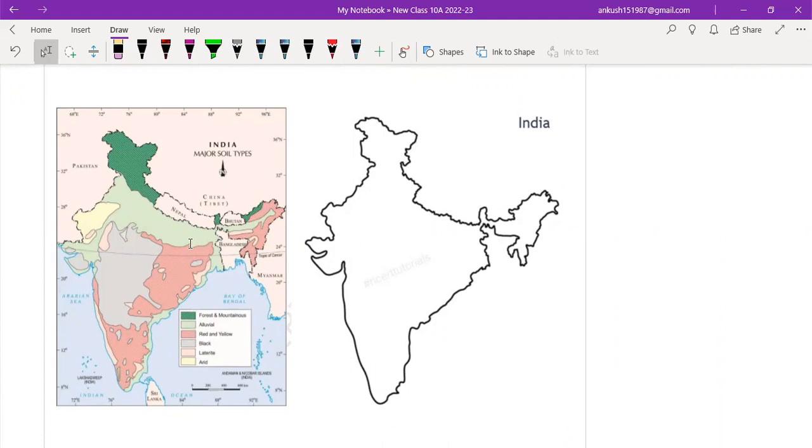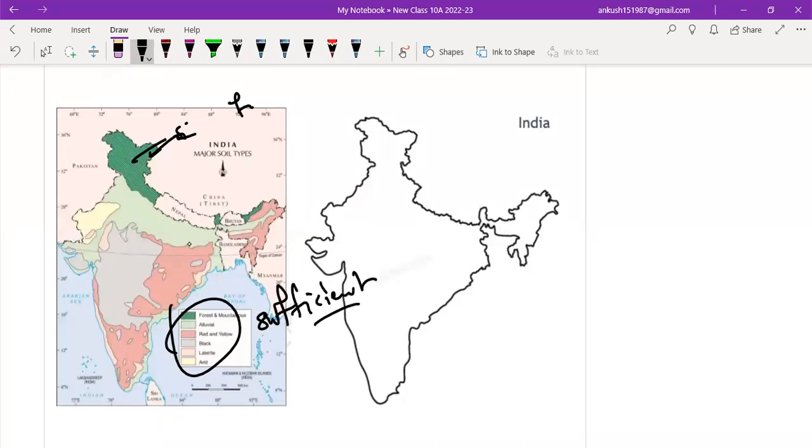Got it? The index is very, very important while you are indicating. If you are indicating the soil, no need to write on this portion that this is mountainous or forest land. If you are indicating this pattern from the index, it is sufficient.